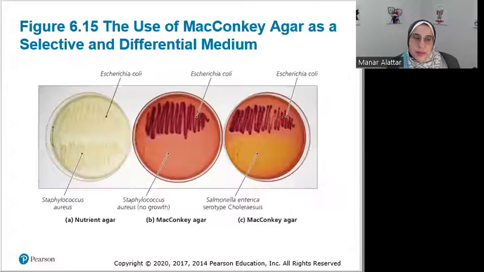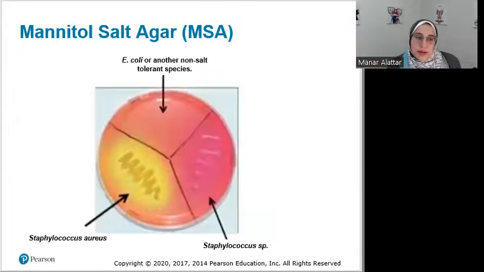Okay. And so I'm going to show you some examples. Let's start with mannitol salt. We had briefly mentioned Staphylococcus aureus, but let's talk about it more. Staphylococcus aureus is an organism that is a halophile. It likes really salty environments because it grows on our skin, right? There are different environments on our body, just like there are different environments in various ecosystems.